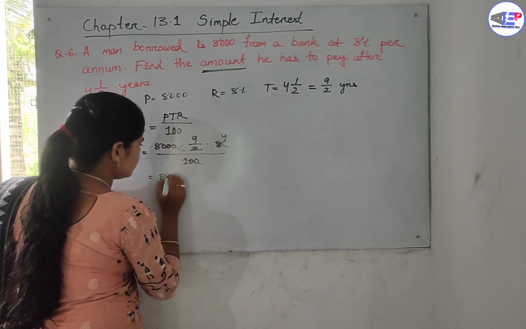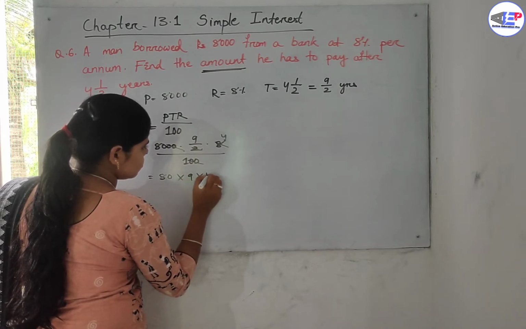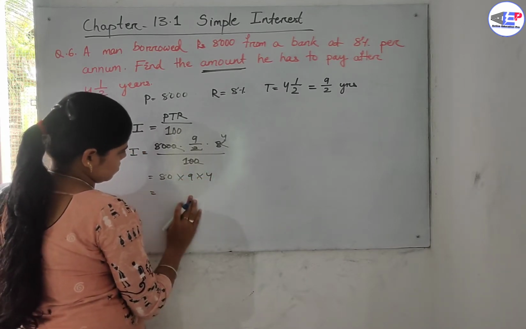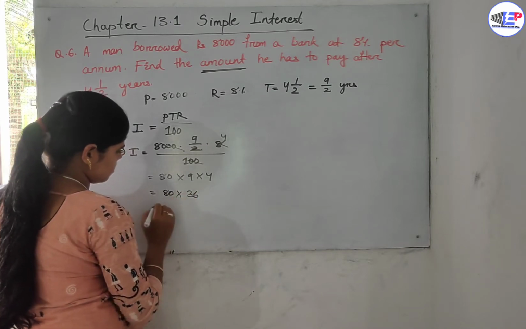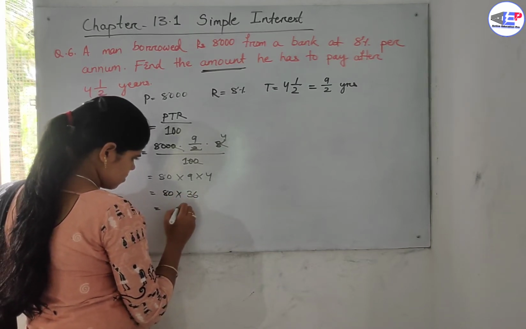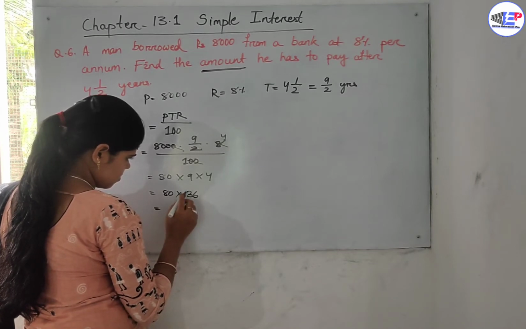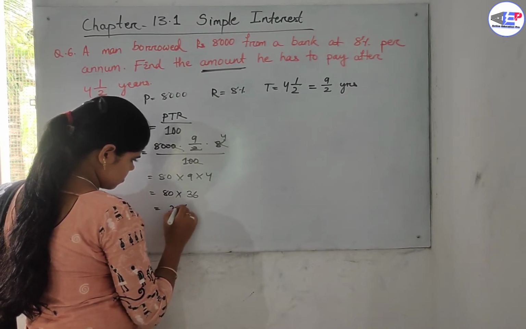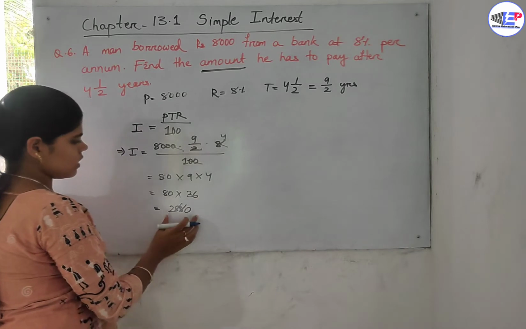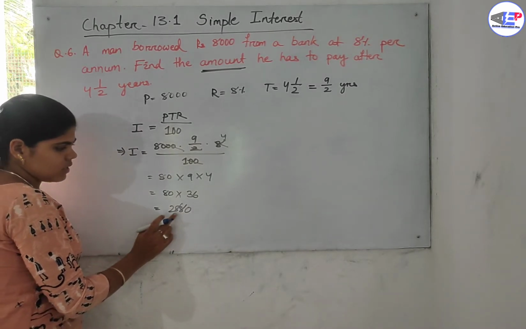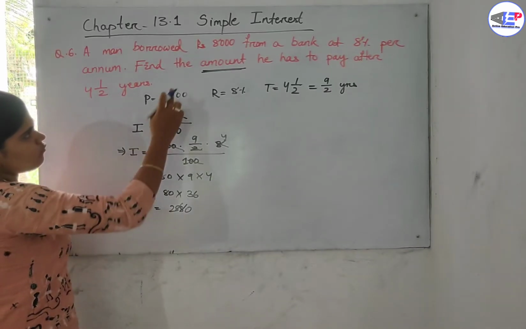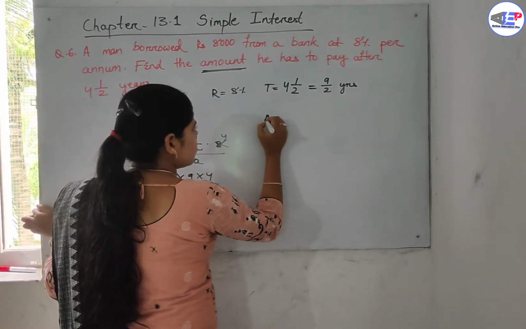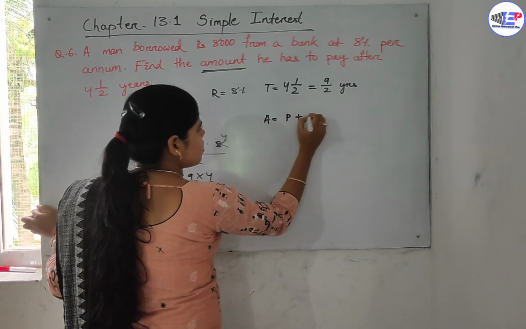It will be 80 into 9 into 4. 36. This is the interest money, 2,880 rupees.